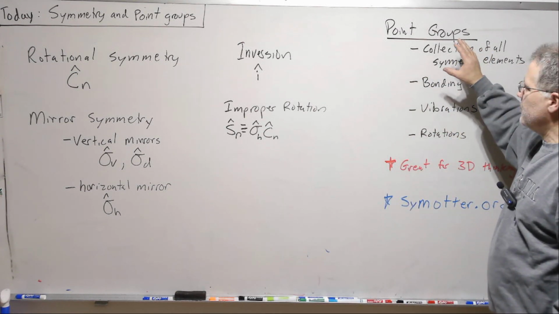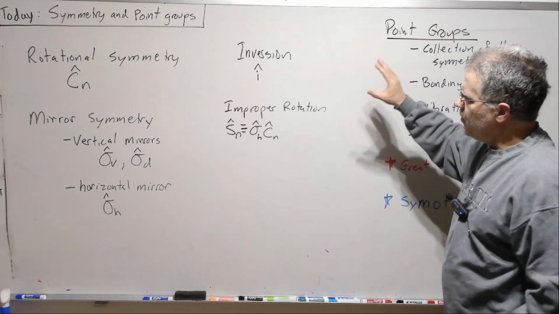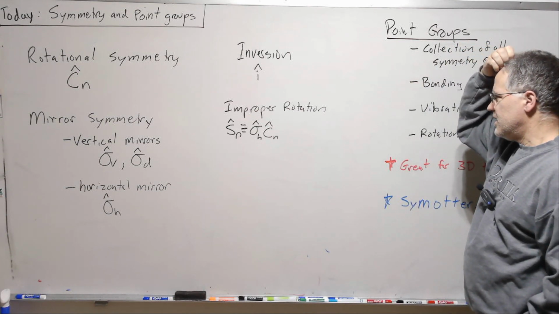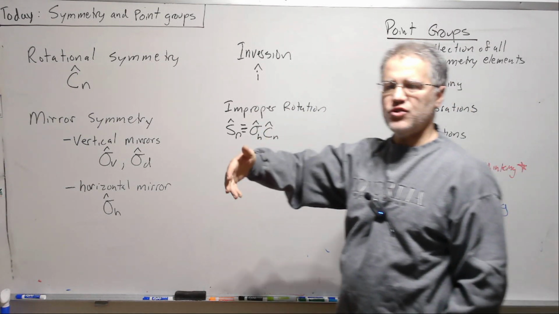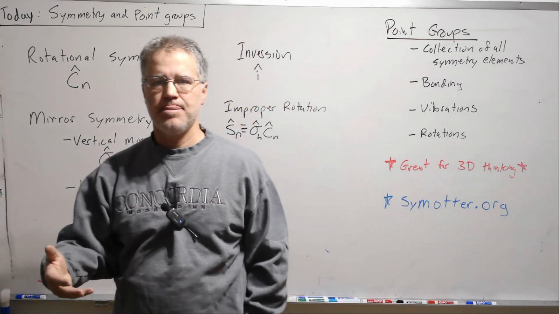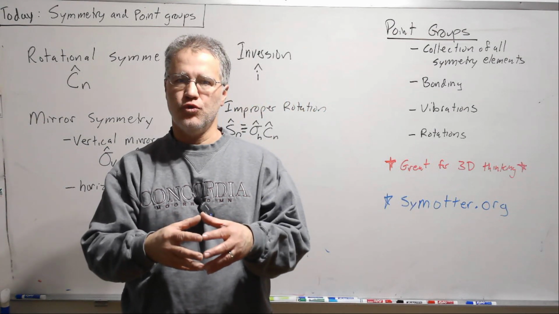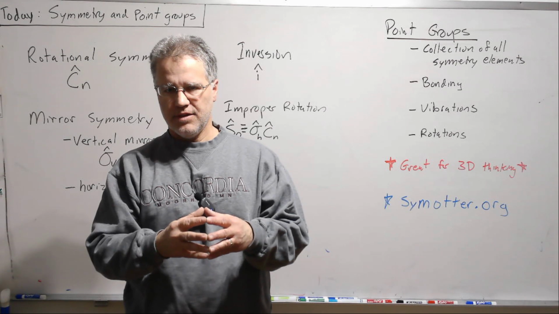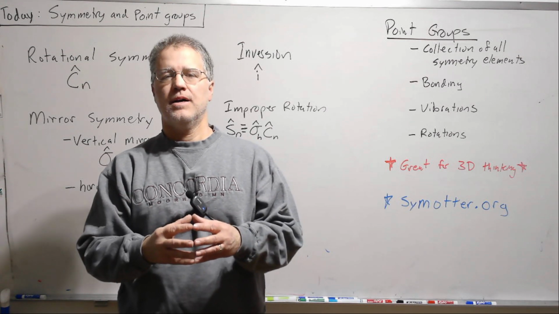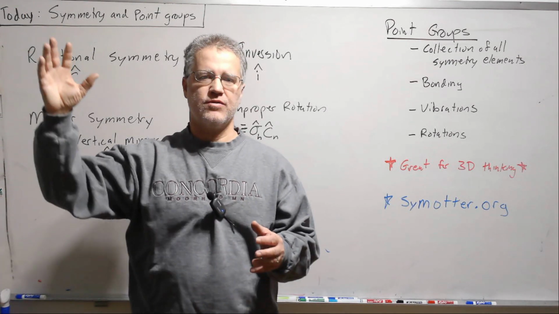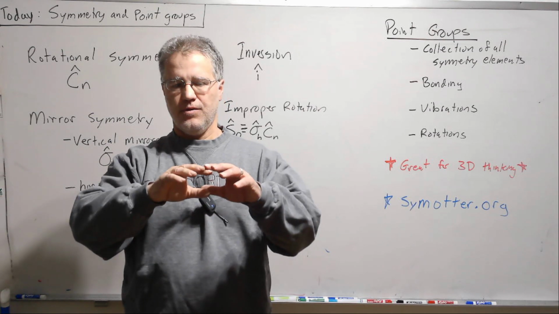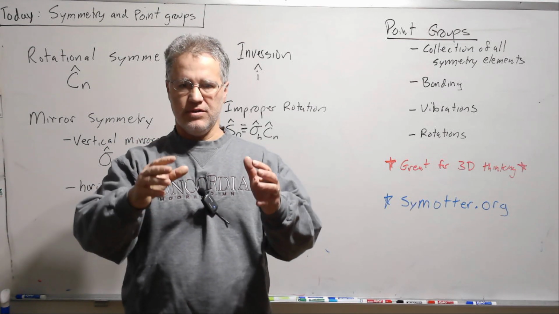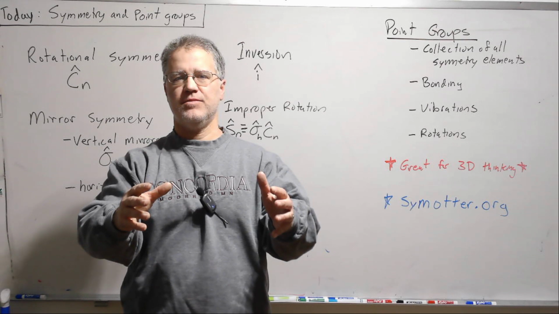The collection of symmetry elements for a given molecule form what's called a group, and we're not going to talk about the structure of these so-called algebraic groups until later in the curriculum. But once you have a molecule, it will have a particular set of symmetries.